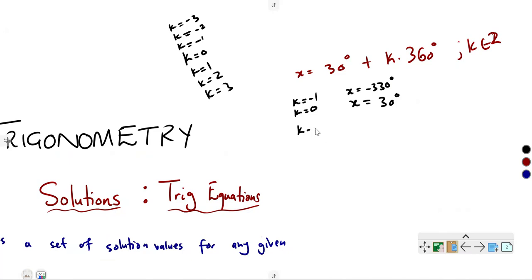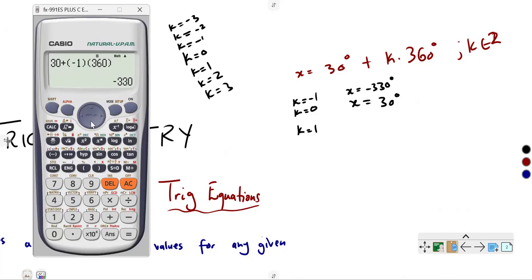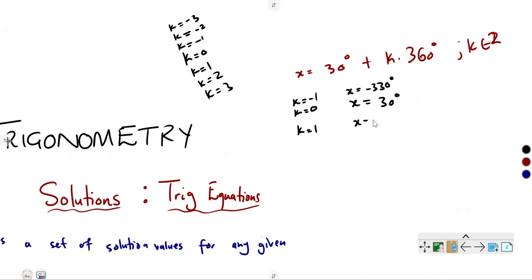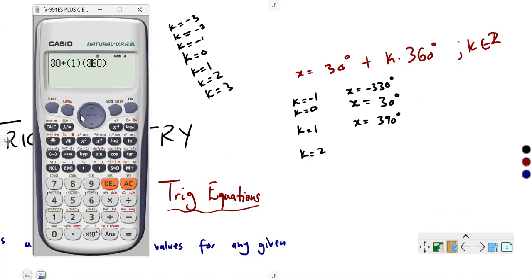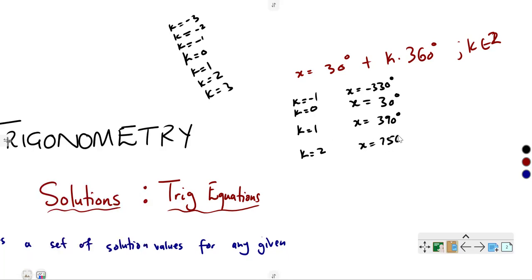If our k is equal to 1, we do the same thing, in place of k we put a 1, and we have 390 degrees. If our k is equal to 2, we do the same thing, substituting. It gives us all the possible solutions; every solution will be within there.